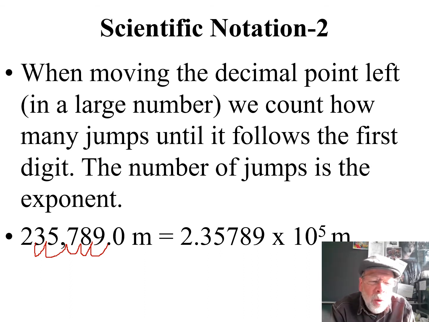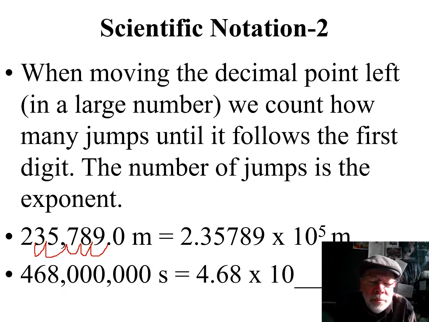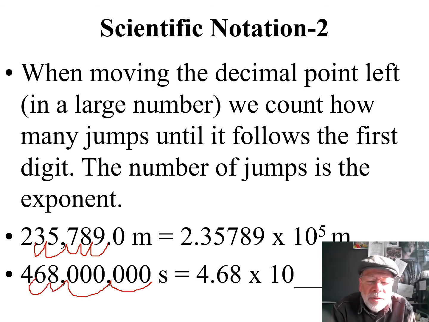And recognize we have the decimal right after the first non-zero number. 468 million. Well, we can jump in groups of 3 here. 3, 6, 7, 8. So it would be 4.68 times 10 to the 8th.